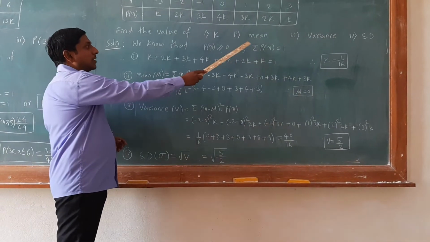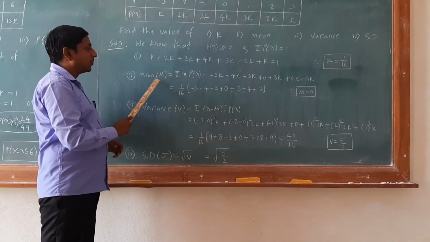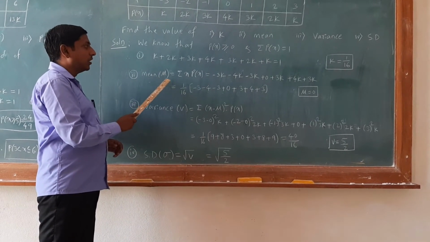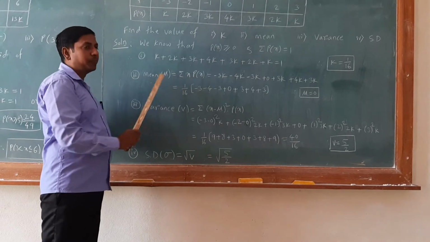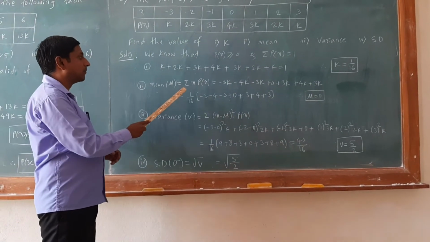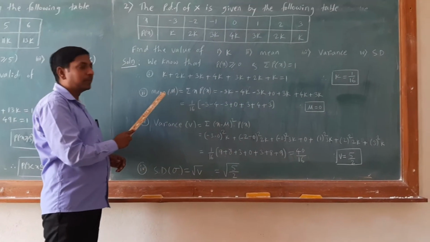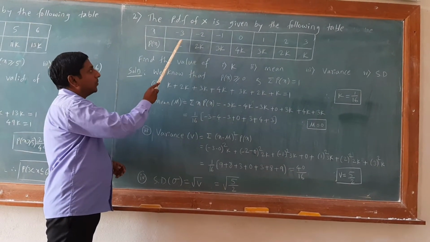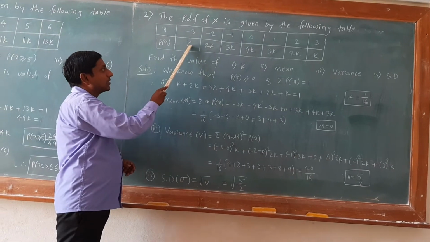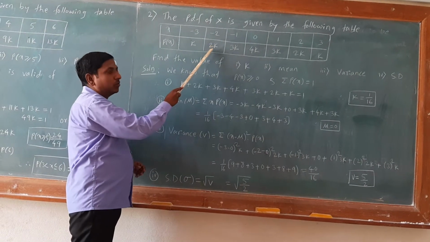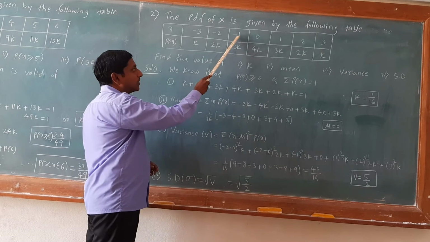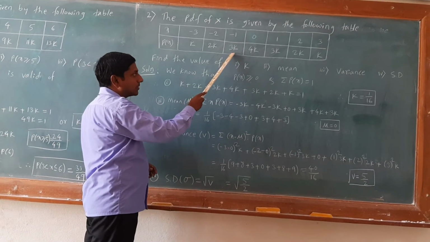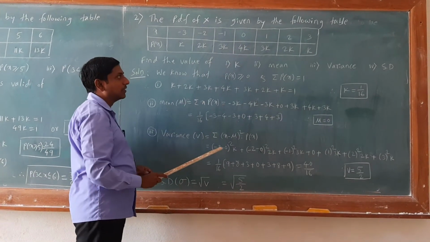Then the next one is the mean. Our mean formula, which is denoted as mu, is summation of x into p of x. That is the formula for calculating the mean mu. So x into p of x means multiplying these values: minus 3 into k is minus 3k, minus 2 into 2k is minus 4k, minus 1 into 3k is minus 3k, 0 into 4k is 0.